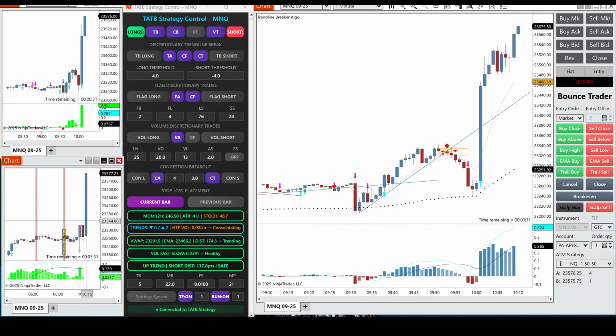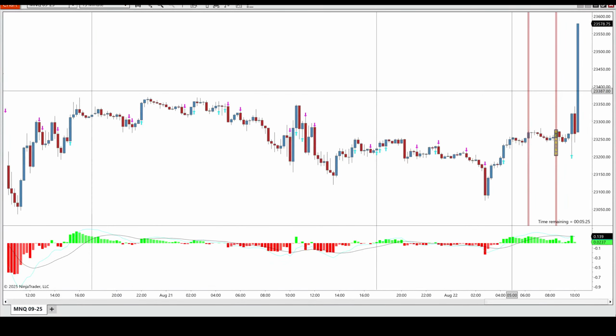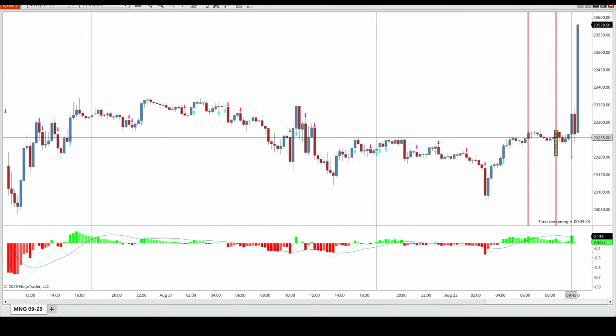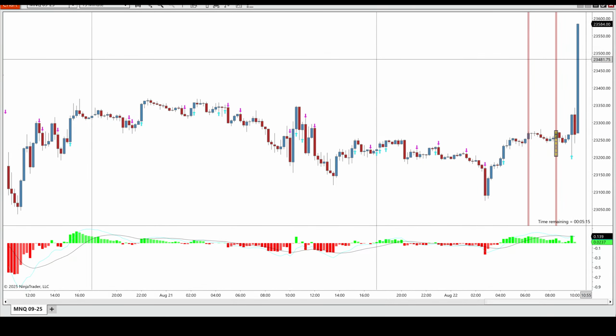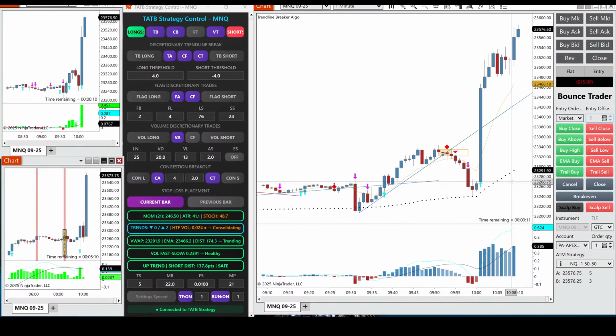Same thing is on 15-minute. See, there was this signal up, so since 9:45 I would be looking at only long signals if I would use discretionary trading.